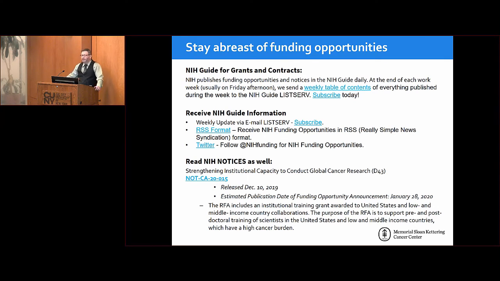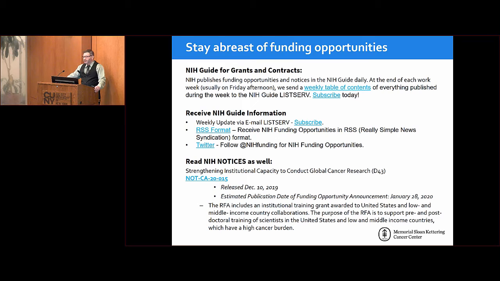One other thing that's a benefit of taking a look at the NIH guide and the NIH notices on that guide is that they list opportunities that they have intents to publish. So I gave you an example here, strengthening institutional capacity to conduct global cancer research.